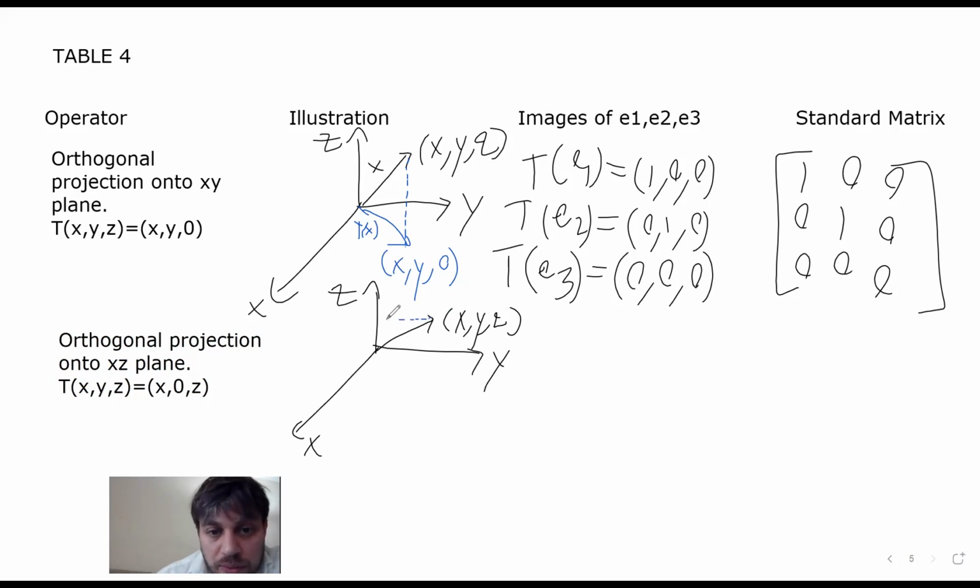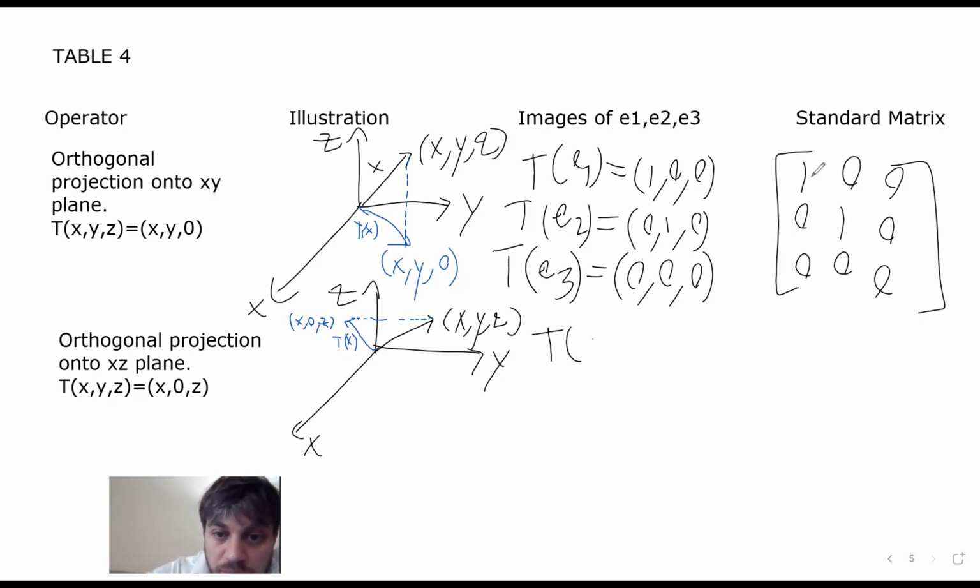So if you remove the y component, you're projecting it onto the xz plane, and you get a vector with y component 0. So this is x, 0, z. This is T of x. Okay, so the y component is now 0.